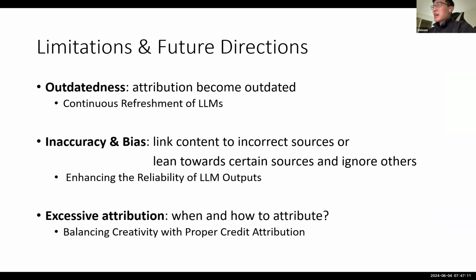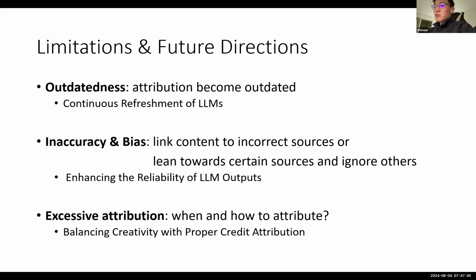So finally, we are going to discuss some limitations and also a few potential future directions for large language model attribution. There are a few challenges or limitations for current attribution methods. The first one is outdatedness, which means some information gets updated from time to time, so your attribution could easily become outdated.